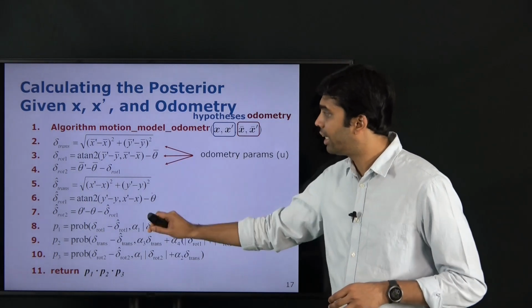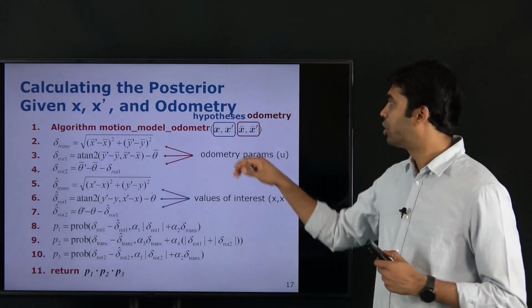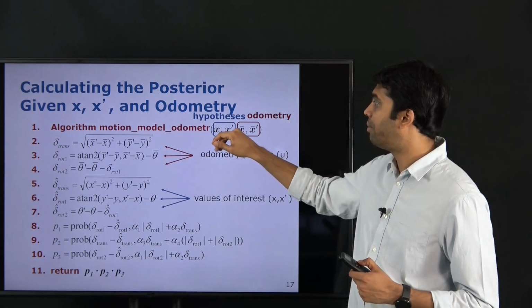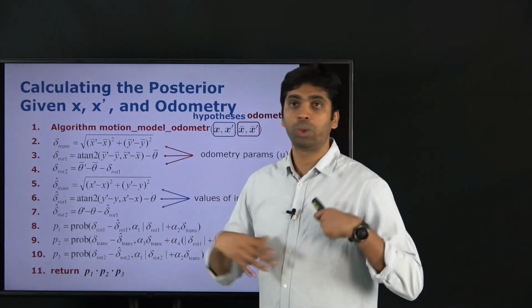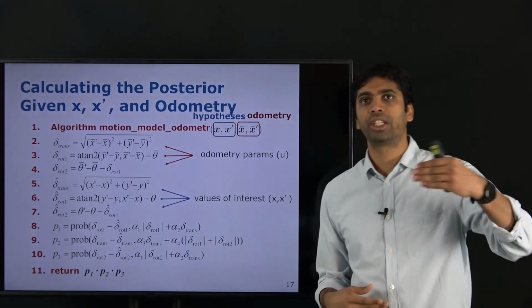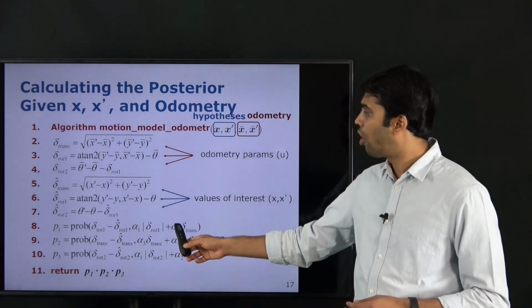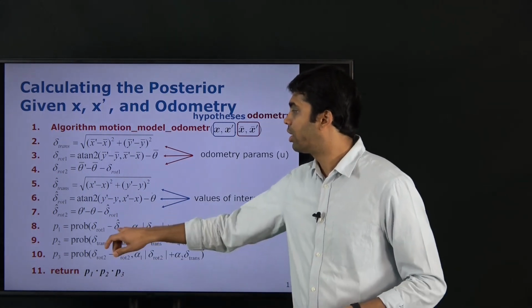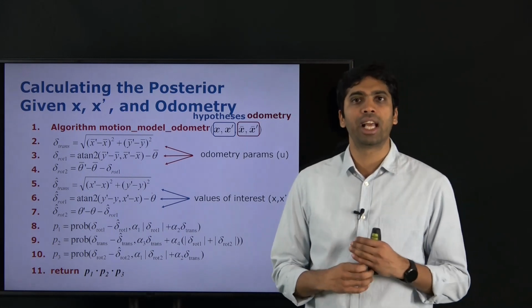We compute exactly the same things for our hypothesis. If we want to figure out the probability that we end up at x prime, given that we started at x, we again convert this into our model, which is rotation, translation, and rotation. Then for each of these movements, the rotation, translation, and rotation, we can compute the probability of these movements actually having happened.